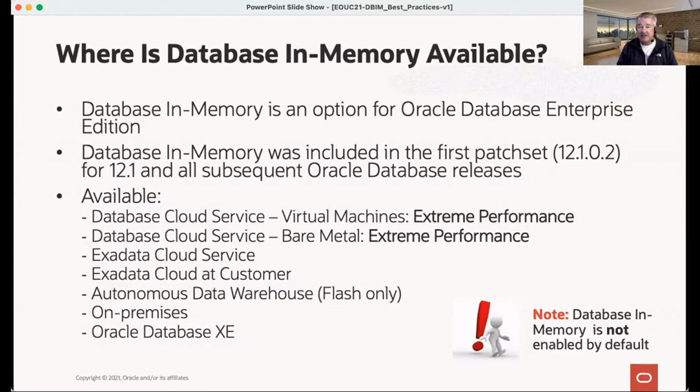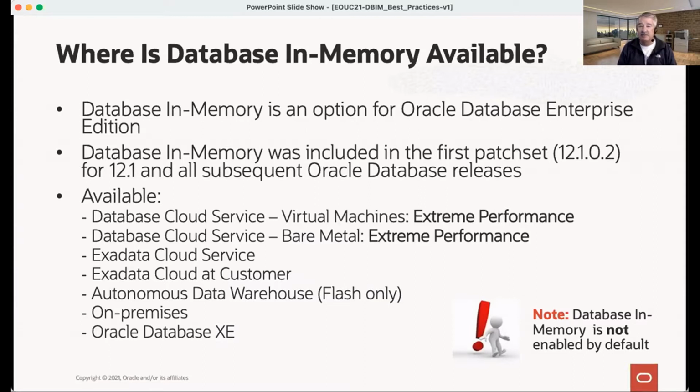And it's available in the cloud. If you have the cloud in the extreme performance shapes, which basically gives you access to all of the options like multitenant, partitioning, and of course, Database In-Memory. All the Exadata cloud flavors, whether it's Exadata Cloud Service or Exadata Cloud at Customer, include Database In-Memory.